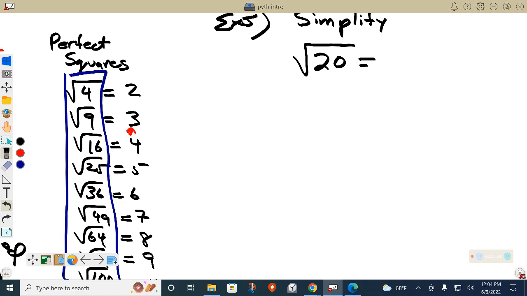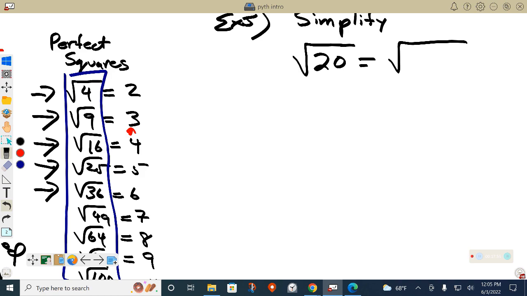How would I rewrite 20 with one of these factors: 4, 9, 16, 25? Which one of these fits as a factor of 20? 16 doesn't fit into 20. Good try, though. 5 is not listed here. 25 doesn't fit into 20. So look at these numbers.